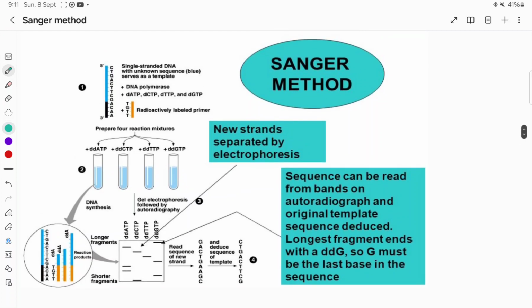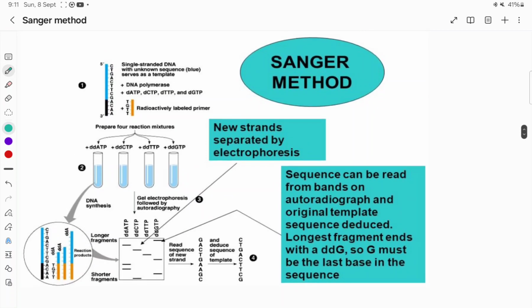This was developed by Sanger, so according to his name it is also known as the Sanger method. The single-stranded DNA with unknown sequence, the DNA polymerase, the deoxynucleotides and the radioactively labeled primer are all present in 4 separate sample containers. We add dideoxy adenosine triphosphate in one, dideoxycytidine triphosphate in another, dideoxythymidine triphosphate in the third, and dideoxyguanosine triphosphate in the fourth.